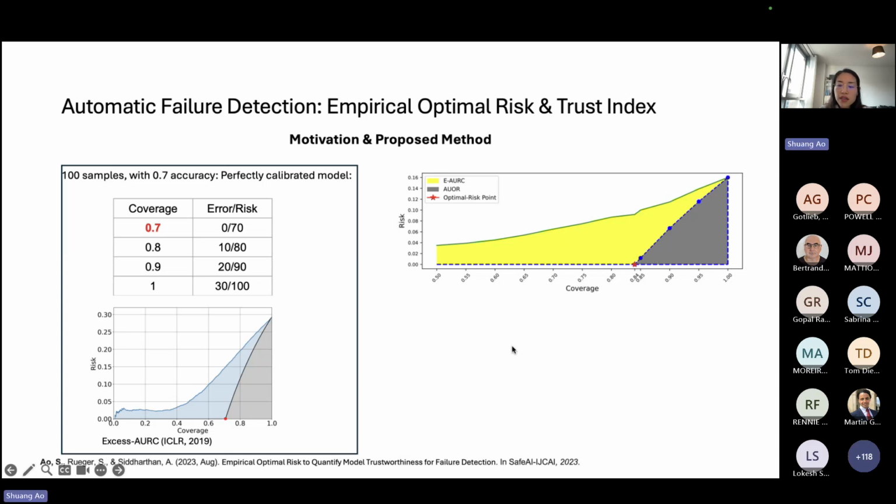But there's another question. In practice, it's not very practical to remove all the data and then see the performance.